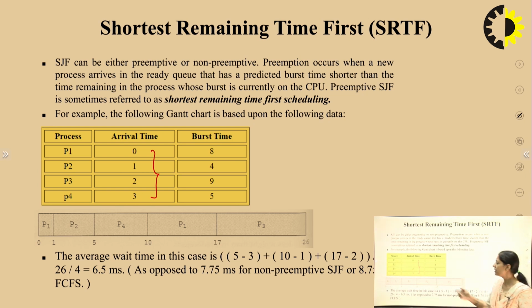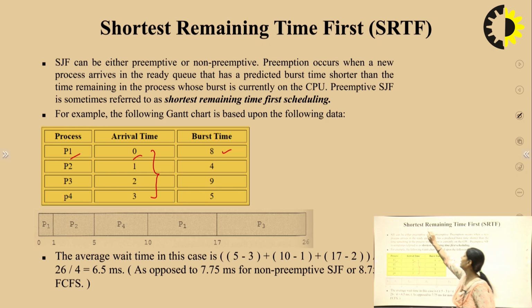So, process P1 entered first, and since there was no process at that time, the process P1 was allocated the CPU. Now, how does it work? When the process P1 entered, since no other process had entered, P1 got the CPU and started executing.